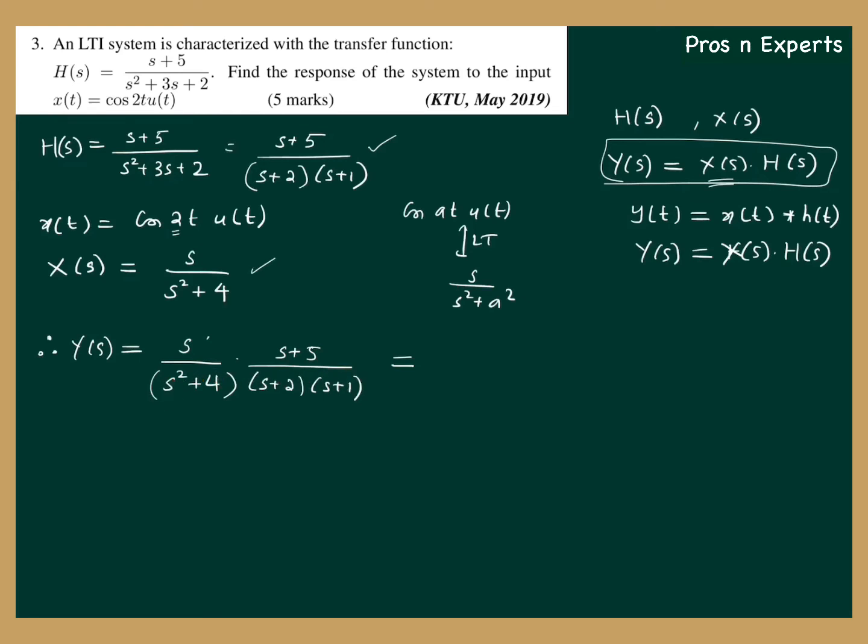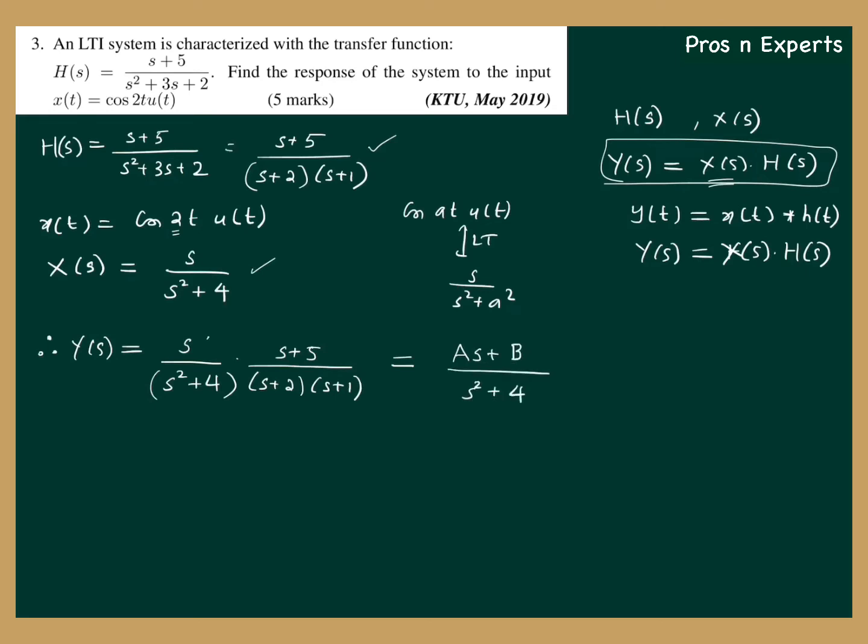The denominator is in the form s square plus 4 into s plus 2 into s plus 1. Here one term is second order, so I write it as As plus B by s square plus 4.